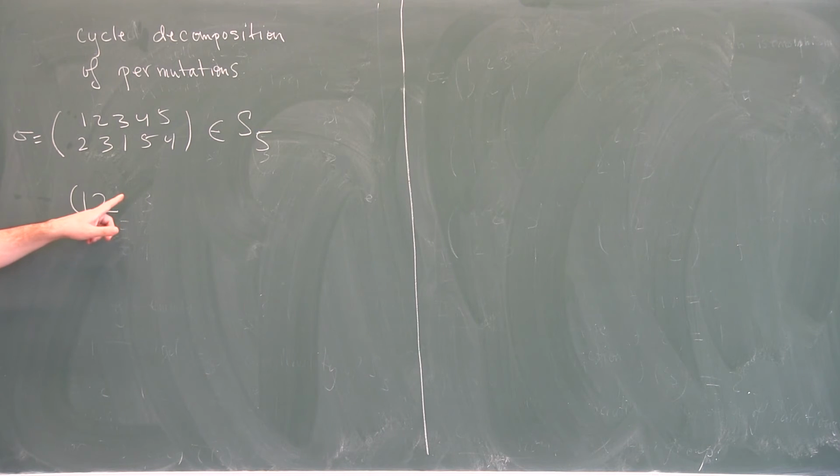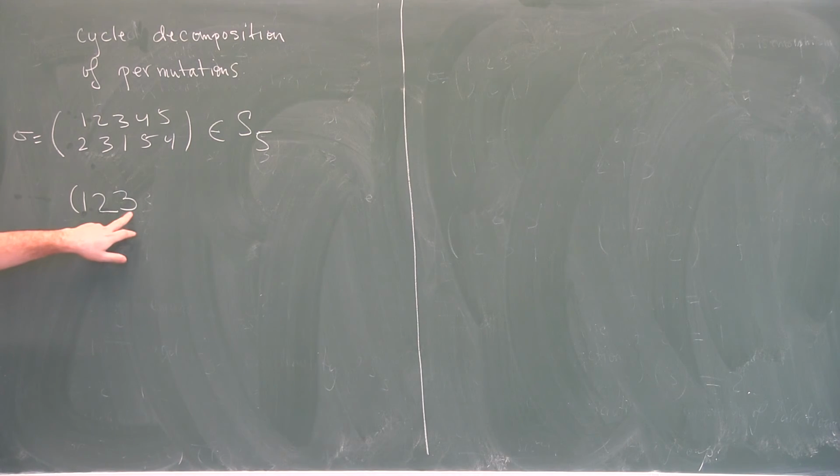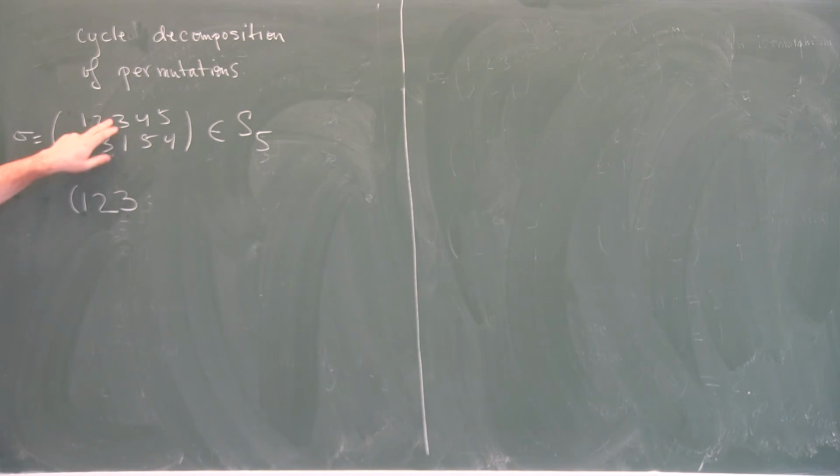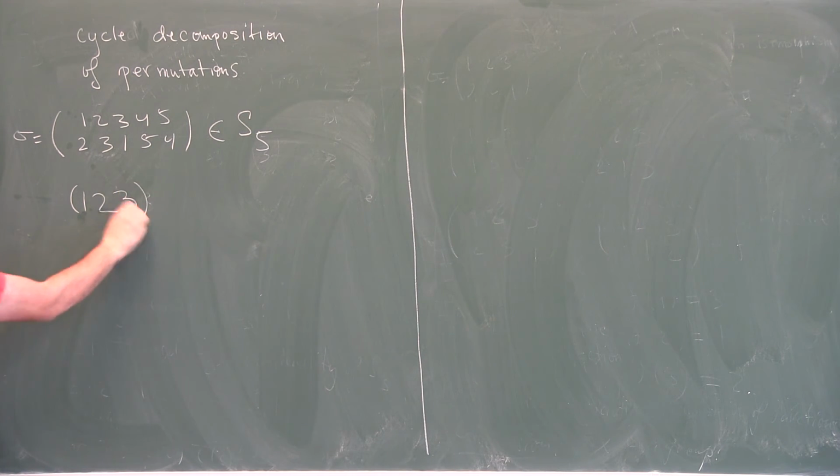After 2, what do I put? I put where 2 maps to. 2 maps to 3, so I put 3 after 2. Now if we would continue in this way, then after 3, I should put what 3 maps to, but 3 maps to 1, which is already here. So the rule is that when what something maps to is already there, then instead of putting it, you close the parentheses.